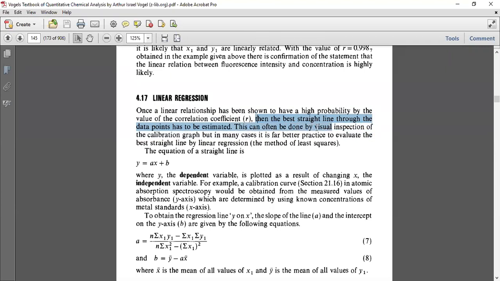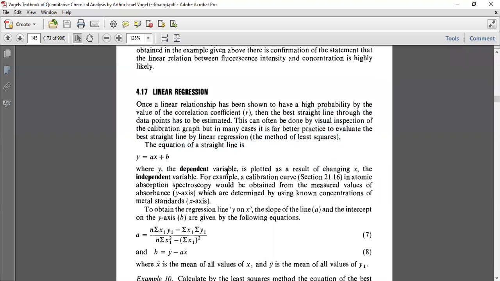This can often be done by visual inspection of the calibration graph. But in many cases, it is far better practice to evaluate the best straight line by linear regression or by the method of least square. That equation is called y is equal to ax plus b.